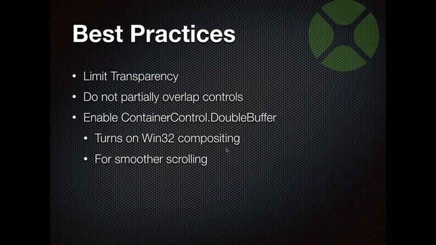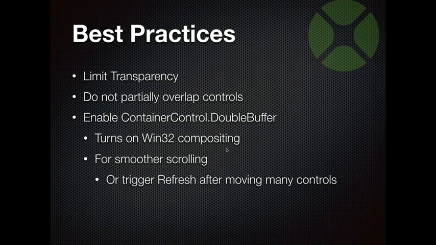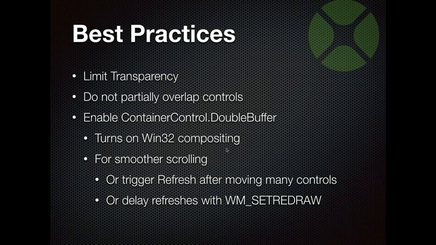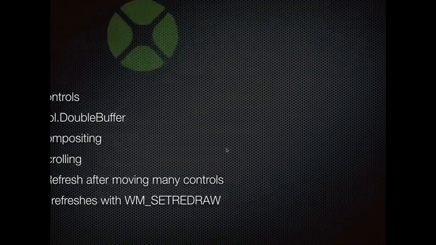So the only real need for doing this is for much smoother scrolling. Other ways to achieve smoother scrolling is you can also trigger refreshes. You can also decide to not redraw everything as you scroll. And doing this helps with just refreshing once instead of many, many times. And there's the declare or API to do that.